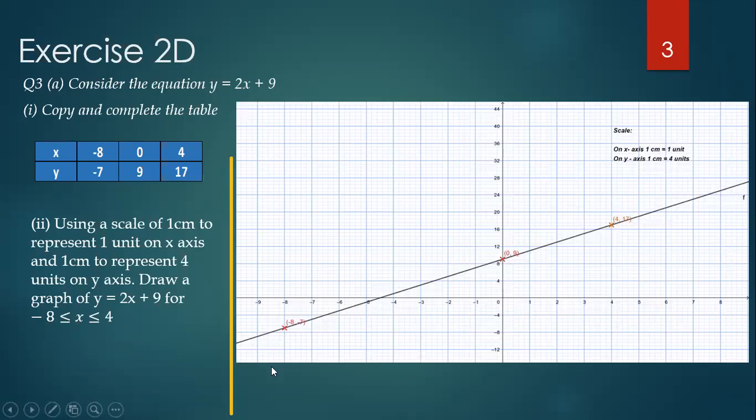So this is a graph paper. This is the scale. On the x-axis, 1 centimeter equals 1 unit, and on the y-axis, 1 centimeter equals 4 units. Now let us make a graph. If we plot minus 8, minus 7; 0, 9; and 4, 17, and combine these, we'll get a straight line.